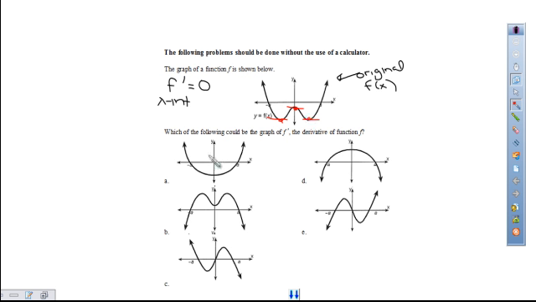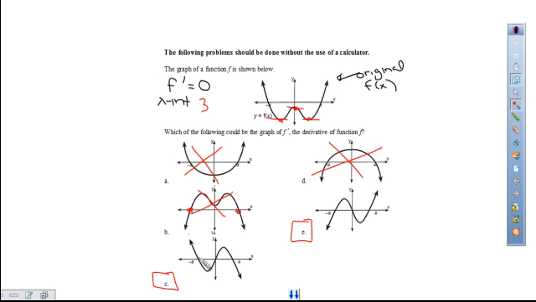That means that if I look at my derivatives, I'm going to have 3 x-intercepts. So I know that it can't be A because I only have 2 x-intercepts. Can't be D. Can't be B because notice I only have 2 x-intercepts. So the only options I have are C or E.